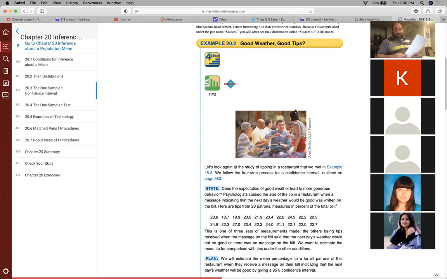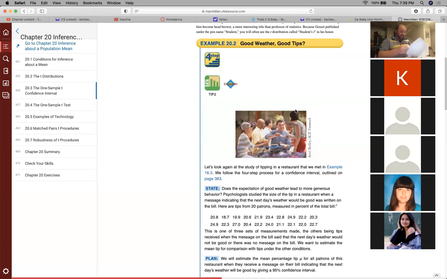If it deals with means, which it is, do we know sigma or not? Does it say anywhere in the problem what sigma is? No, it does not.